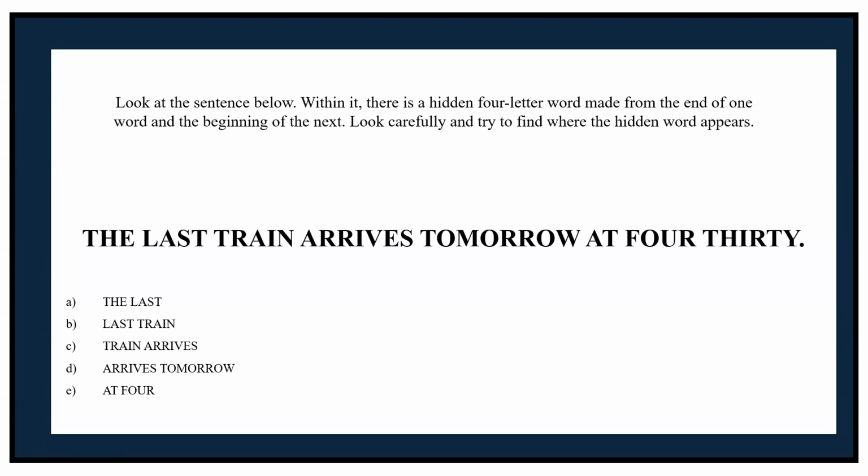Now what we need to do is look for the hidden, the secret, the mystery four-letter word. And like the instructions say, the four-letter word must begin at the end of one word and end at the beginning of the next.